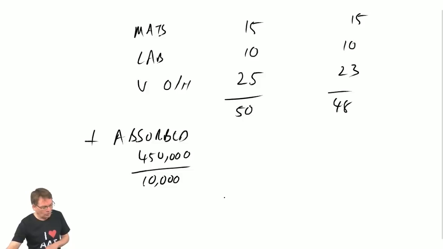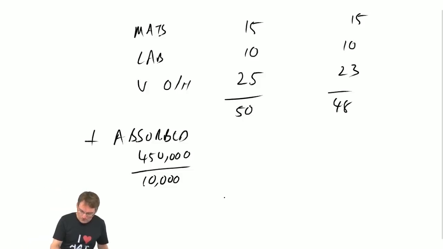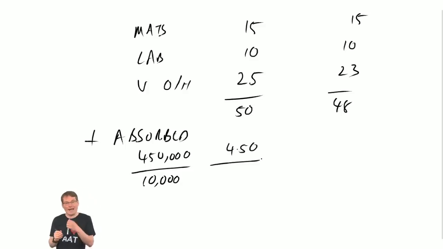Well, what we'll do then is we will add £4.50 to the cost of each unit. So what will happen is we will sell it, whatever we sell it for, £15 goes to the material supplier, £10 goes to the workers, £25 goes to the electricity company to pay the variable overheads, and we put £4.50 in the safe.